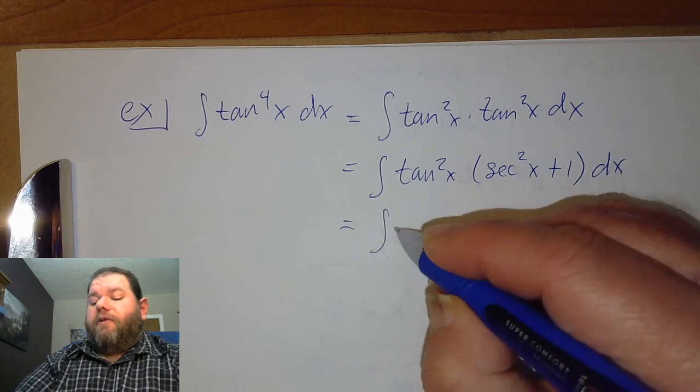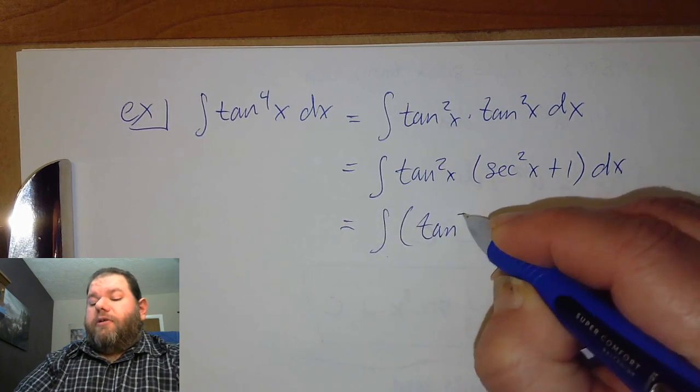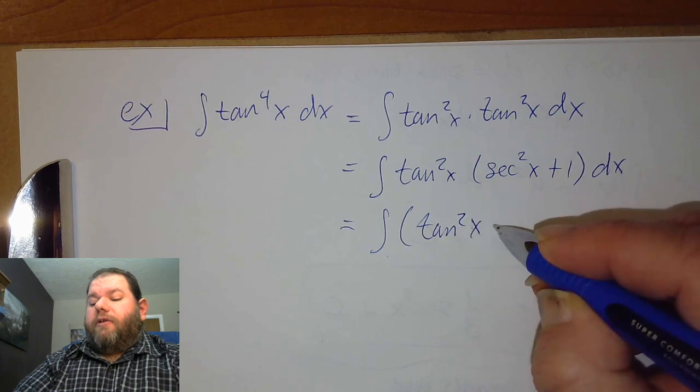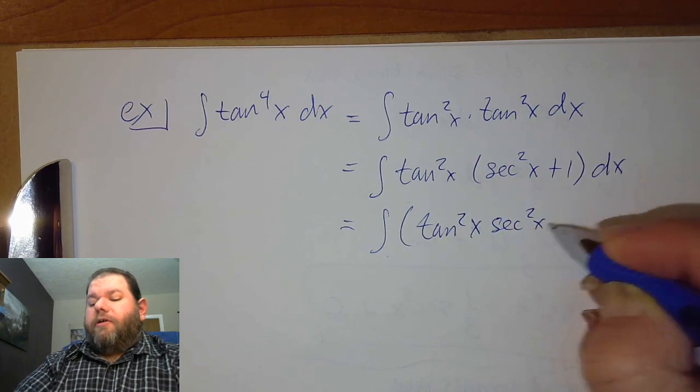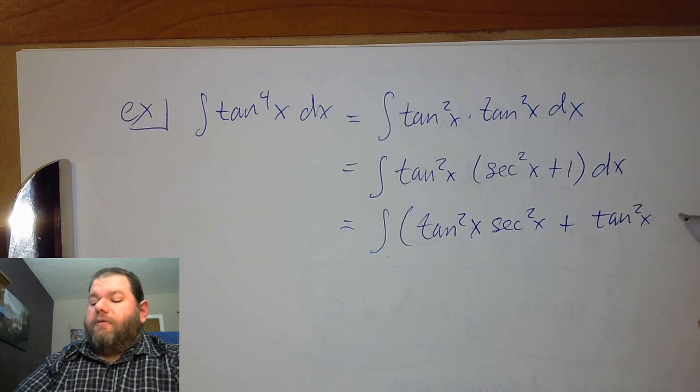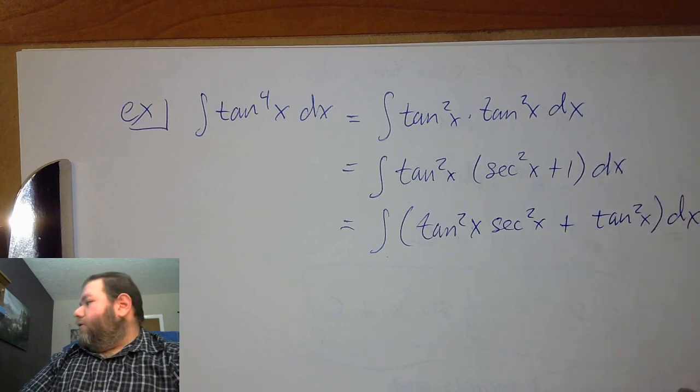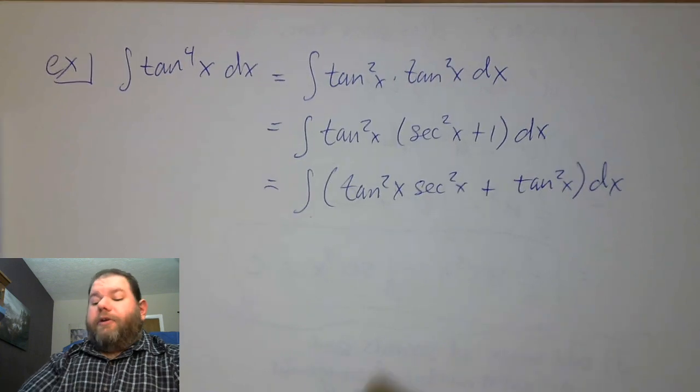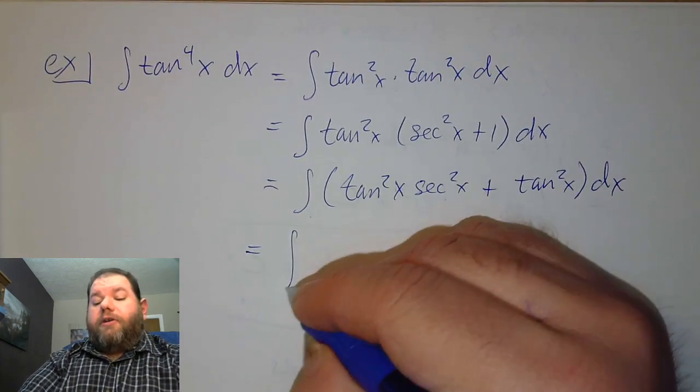So we can have tangent squared times secant squared, and then just tangent squared by itself. And my thought was we can split these up into two separate integrals.